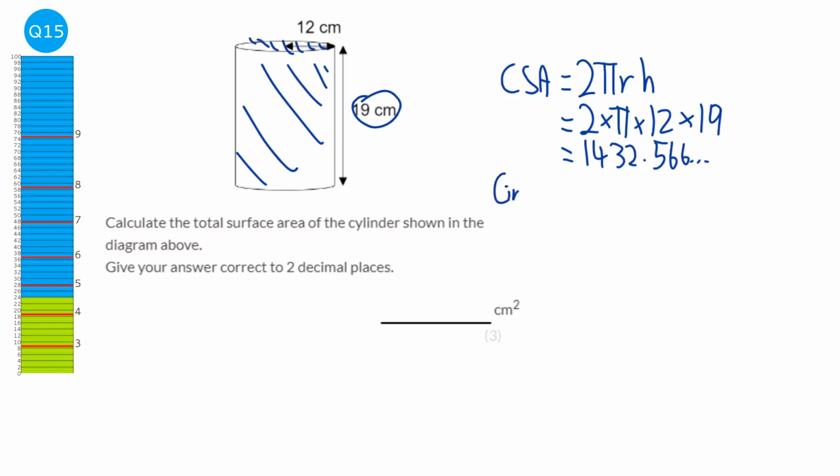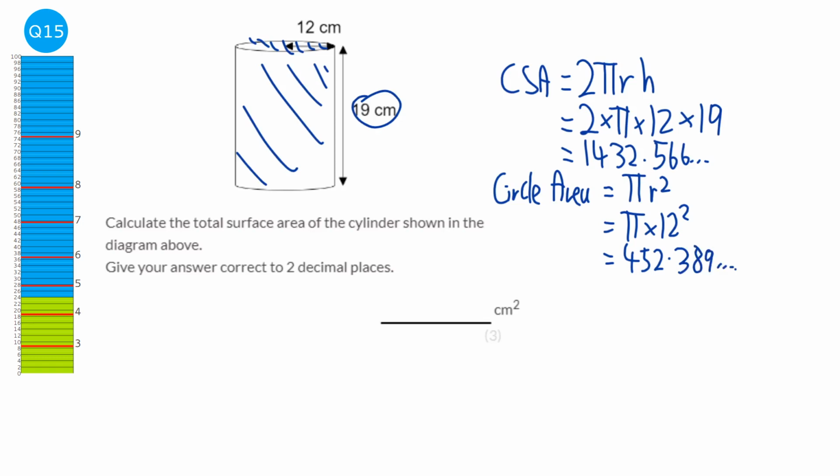Next, we're going to work out the area of the circle at the top. So circle area. And the formula for that is just pi r squared. So pi times 12 squared, which will give us 452.389, and so on.